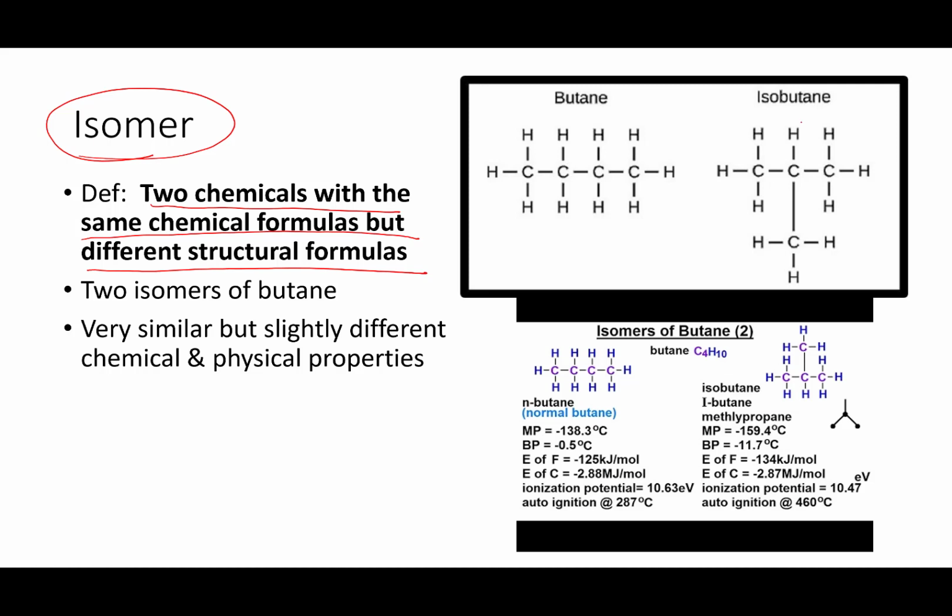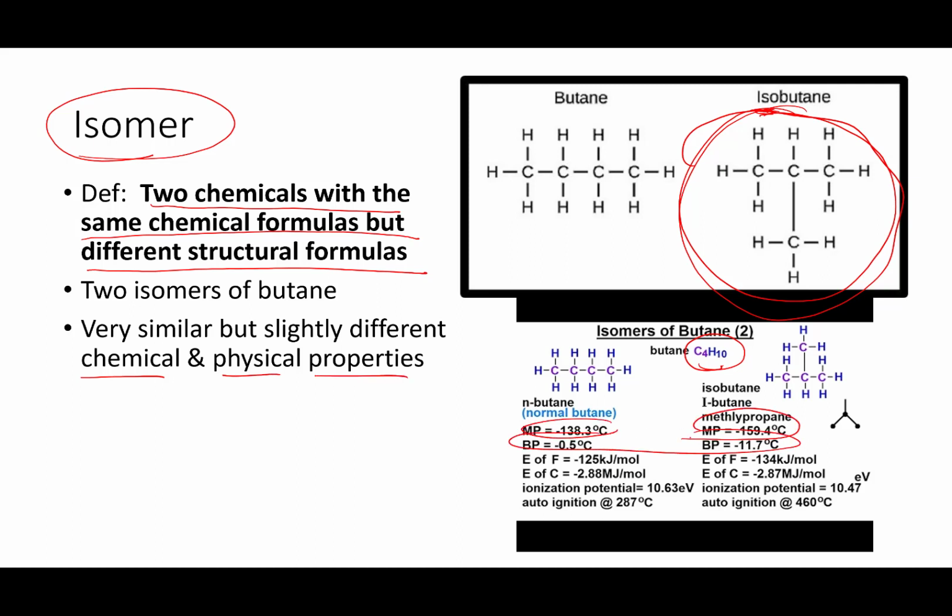The other isomer of butane is called isobutane, meaning that it is an isomer of butane. If you construct it in this way and count very carefully, it's going to have exactly the same chemical formula, C4H10. And it is a different chemical with different chemical and physical properties: slightly different melting points, slightly different boiling points, slightly different energy per mole when it is burned.